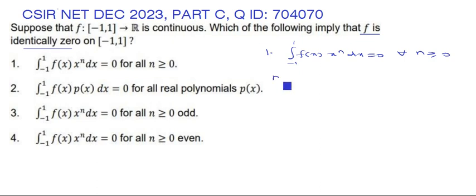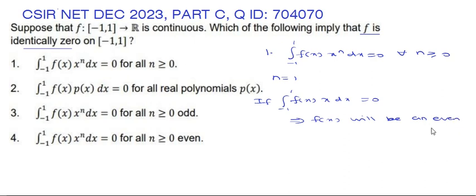So let us fix n equal to 1. We will get integral from -1 to 1 of f(x) x dx equal to 0. If this integral is 0, then this implies f(x) will be an even function.